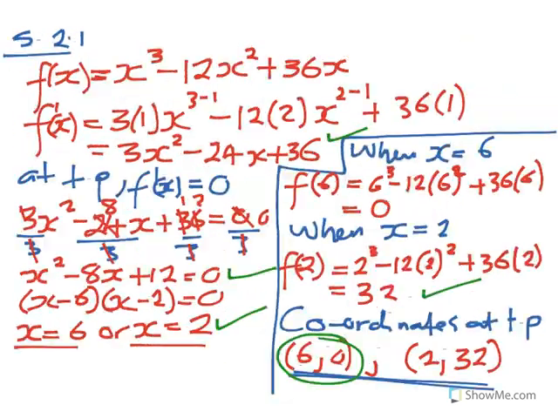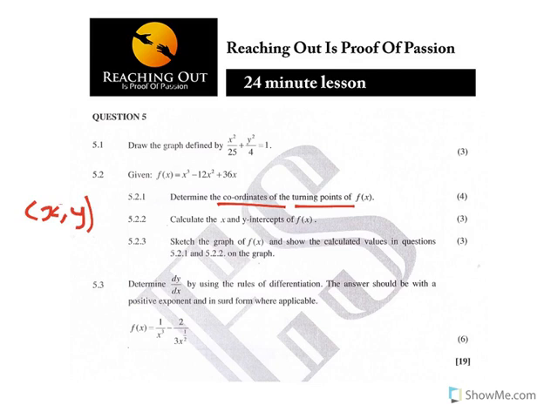Now, let us move on and look again at the other question that they ask. That is now 5.3. It says determine dy over dx, that is still calculus, by using the rules of differentiation. The answer should be with a positive exponent and in surd form where applicable.